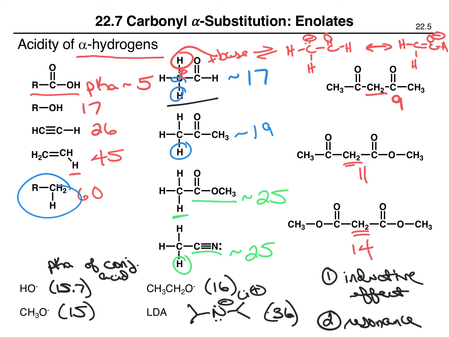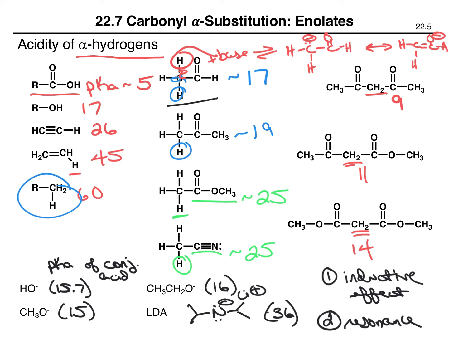Now, if we think about the different resonance structures, having a negative charge on an oxygen rather than on a carbon is better, which means this resonance structure is going to contribute more to the resonance hybrid. However, as we're going to see in a little bit, the reactivity of enolates usually looks like this, and so it's a source of a nucleophilic carbon.